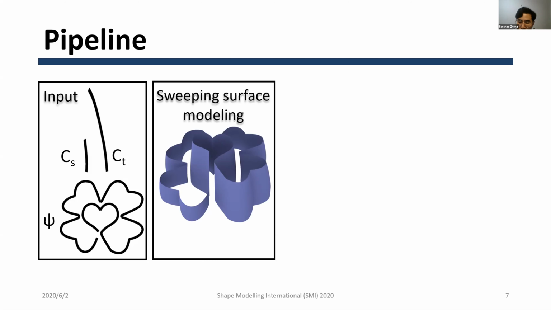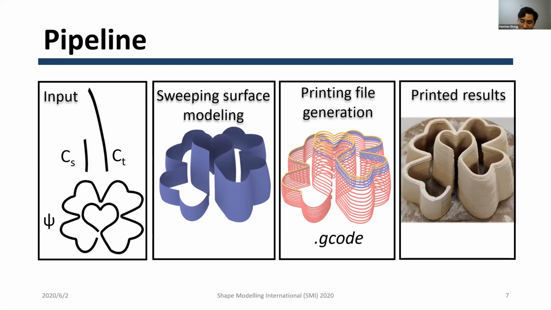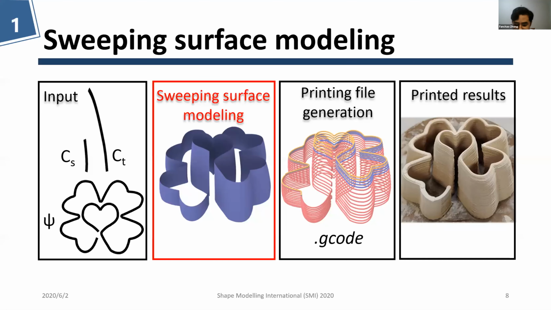After that, a model that conforms to printing constraints is automatically generated. And then a single continuous path is generated and stored in a file in G-code format. And finally, we use a 3D printer to fabricate. I will introduce the last 3 phases specifically.